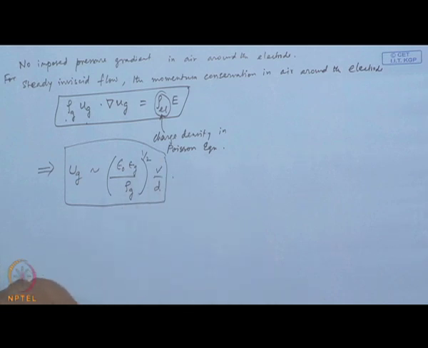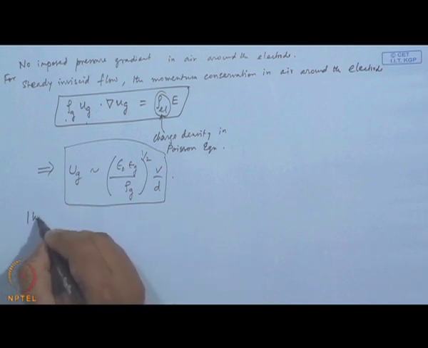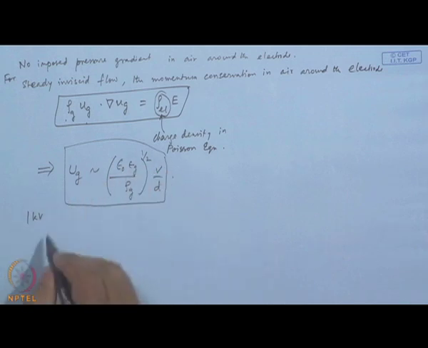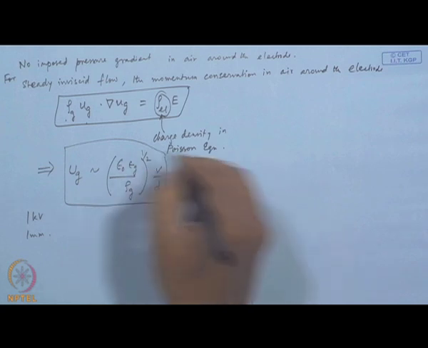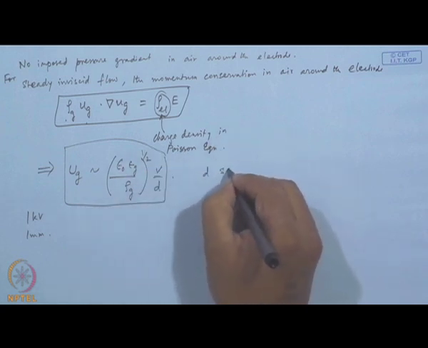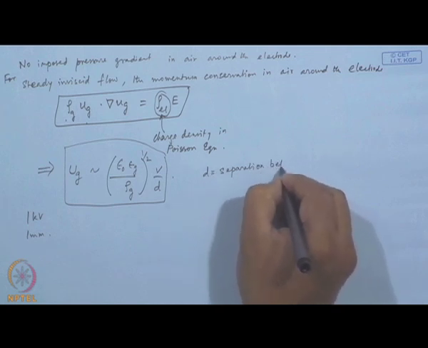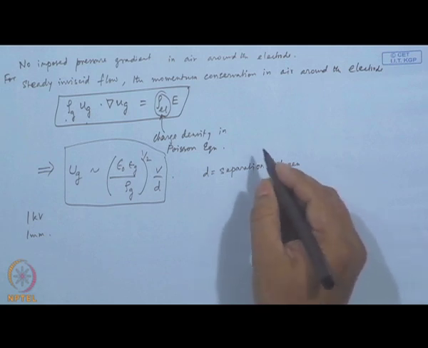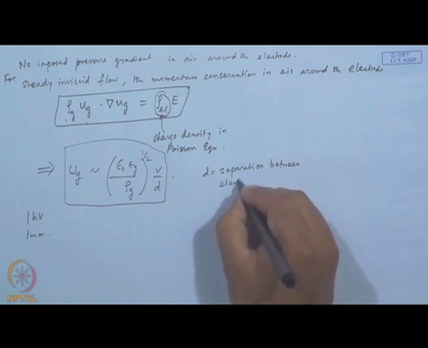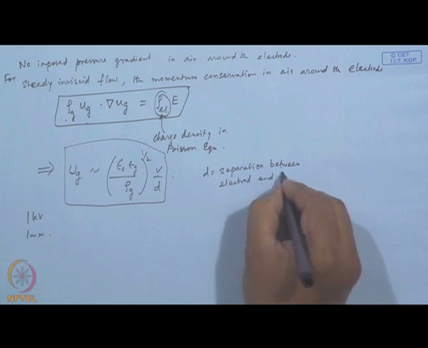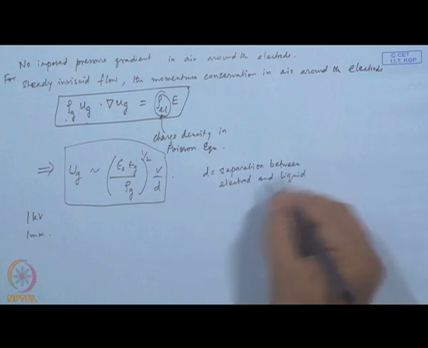this is something what the order of this gas phase velocity, and if one uses 1 kilovolt as we have done for this electrospray, and one uses say 1 millimeter, D is the separation between electrode and liquid interface.